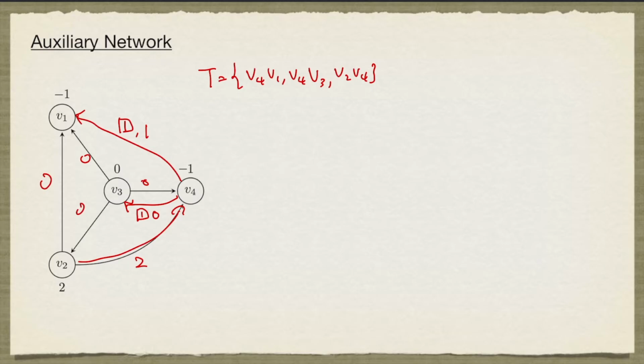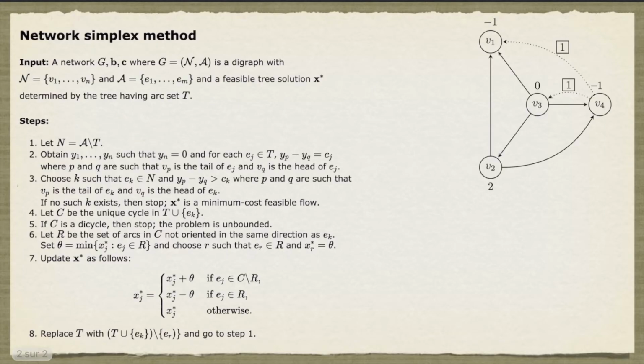We'll now run the network simplex method on this example. So here, we're starting with this tree. And the flow values are 1, 0, and 2 on the tree arcs, and 0 everywhere else. We now go to step 2. We're going to set y4 to 0.